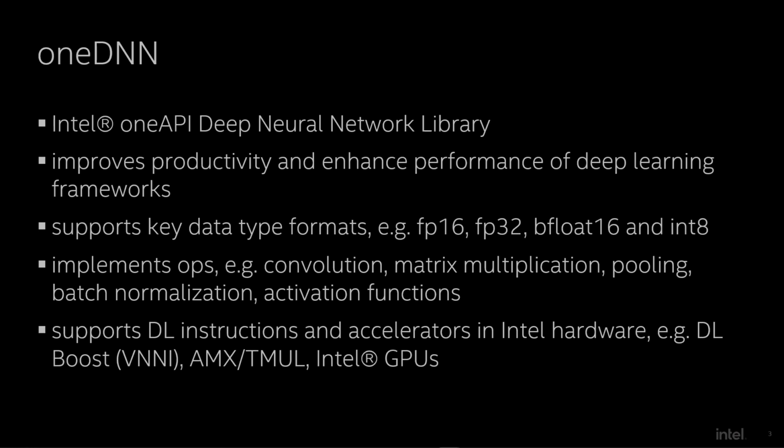So apart from CPU, OneDNN also supports GPUs. And another thing that OneDNN does is reorder data into blocked formats that are more optimal for the different microarchitectures of our different XPUs.